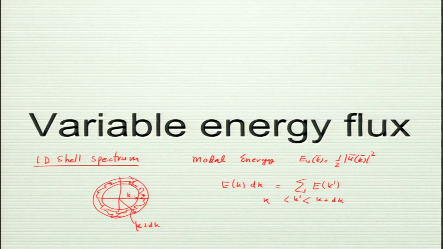This is the definition. If I make dk go to 0, the sum will also be a very small number, so I can divide by dk and get E(k). This is called the 1D shell spectrum.